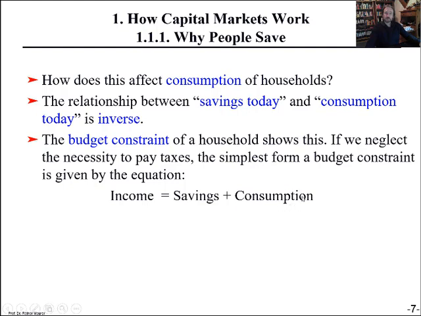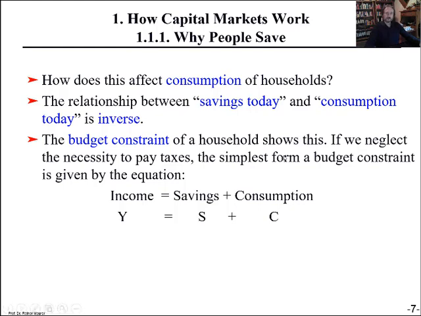If you spend more for consumption purposes than you have income, savings will become negative. So, in a sense, this budget constraint is unavoidable. Everybody of us has, if you like it or not, such a budget constraint.